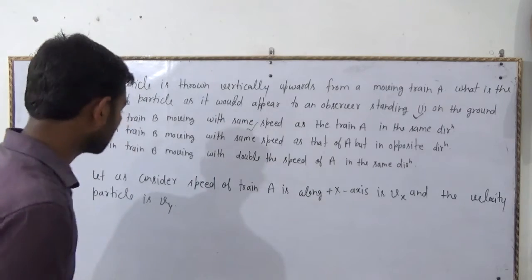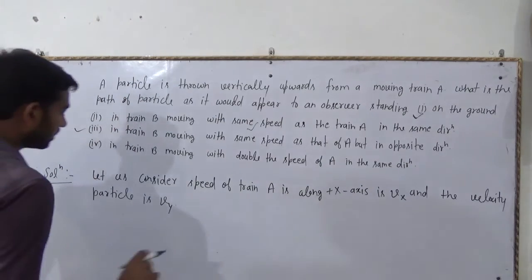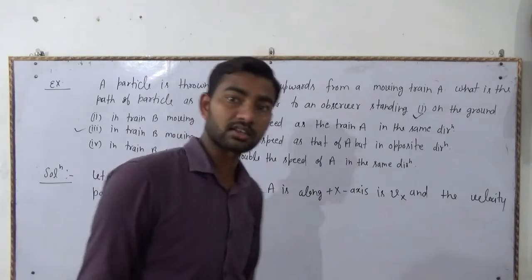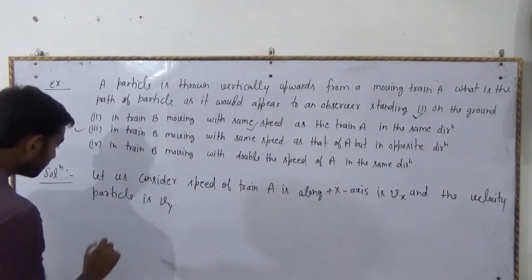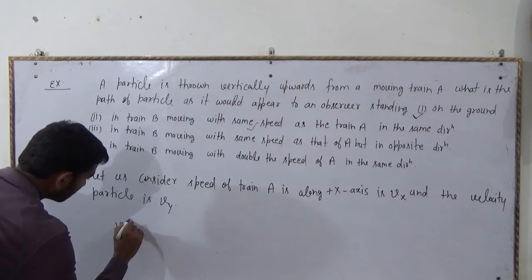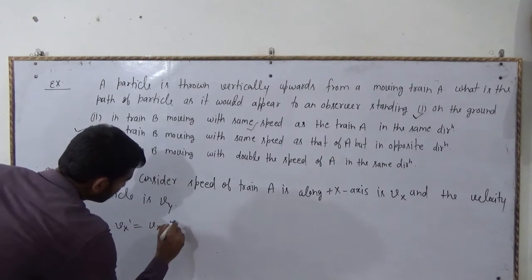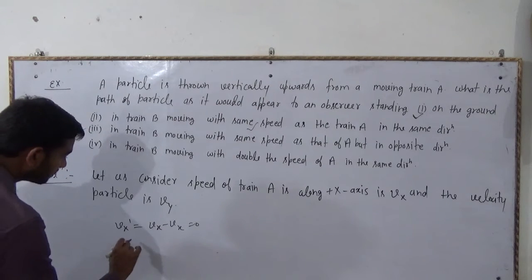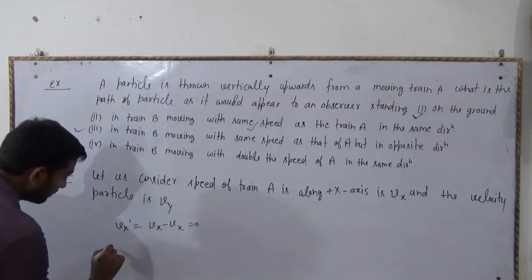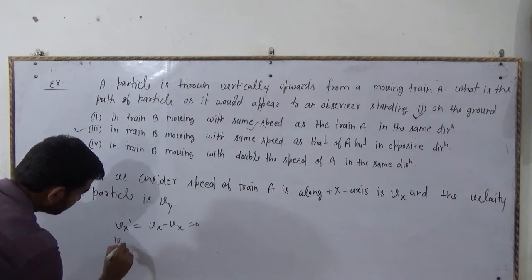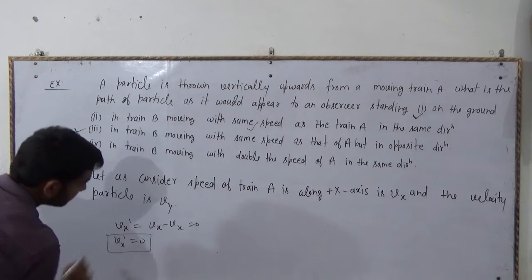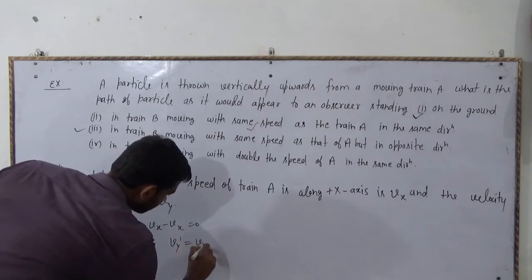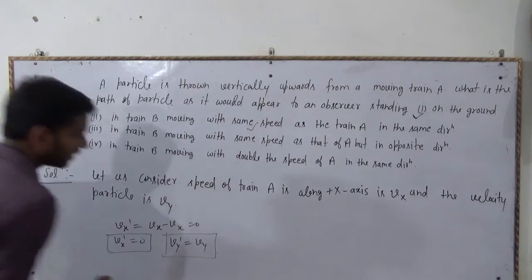So with the help of the velocity transformation equation under Galilean transformation we can write Vx dash is equal to Vx minus Vx, which is equal to 0, and Vy dash will be Vy.